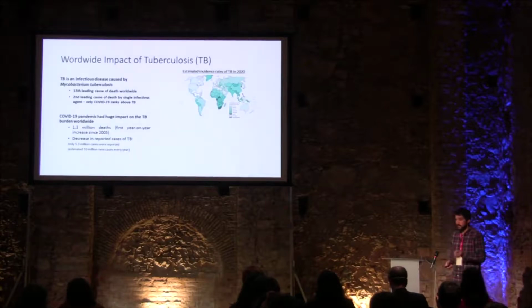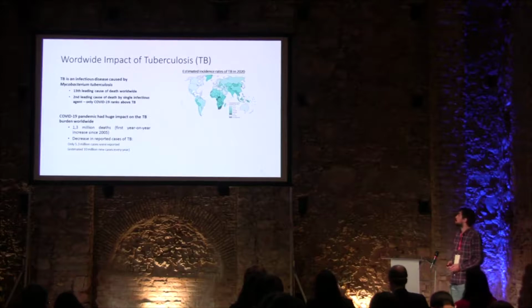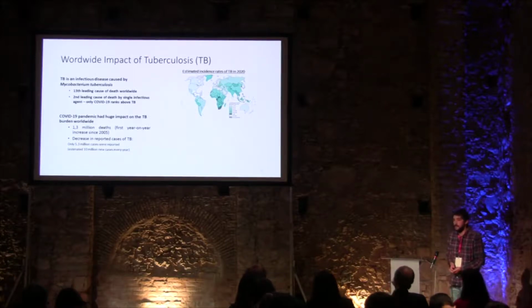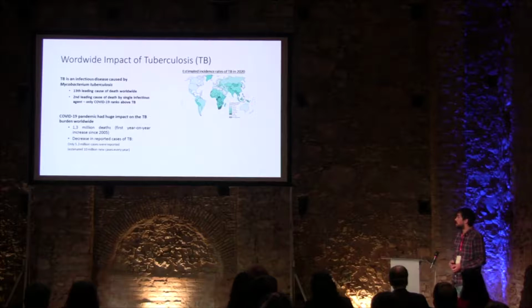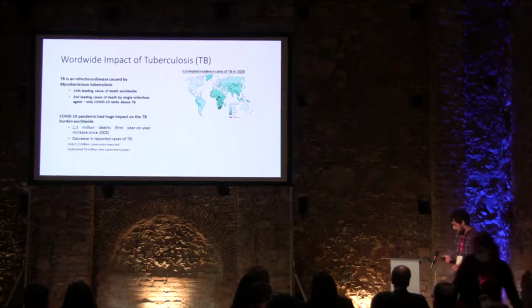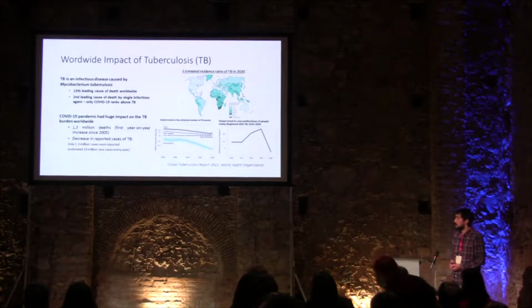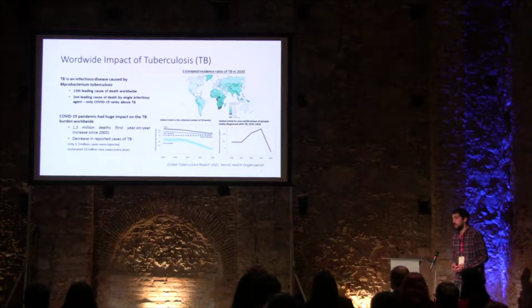As you already heard, tuberculosis is an infectious disease caused by Mycobacterium tuberculosis. It's still one of the leading causes of death worldwide, and right now it's the second leading cause of death caused by a single infectious agent. Only COVID-19 ranks above TB. I will address the burden that COVID-19 had on tuberculosis worldwide.